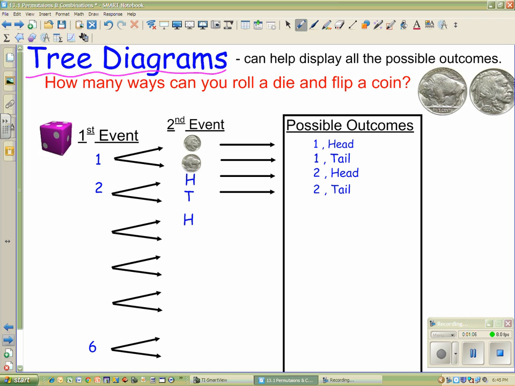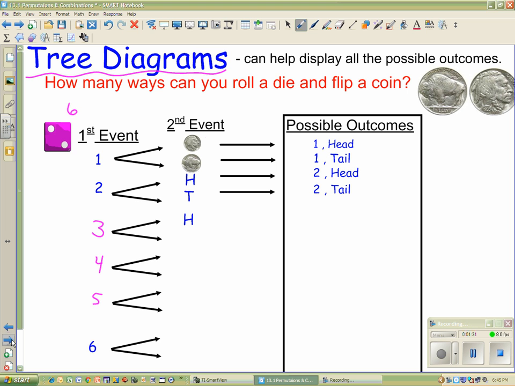So if I looked at rolling a dice followed by flipping a coin, how many different outcomes are there? Well, I know that there are 6 different outcomes when I roll a dice. And I have them listed here, 1, 2, 3, 4, 5, or 6. I could roll any of those numbers, and then I could follow that by flipping a coin.